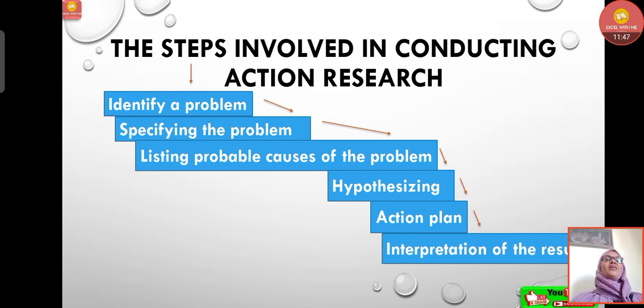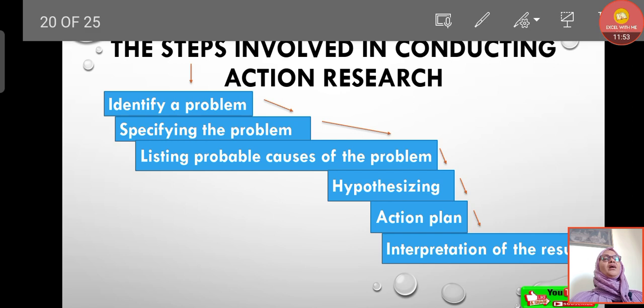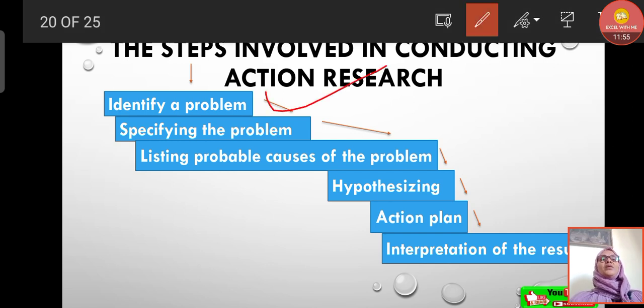Now the steps involved in conducting action research, quickly understand. Number 1, identify a problem. Number 2, specifying the problem. What is that particular problem? Then listing probable causes of the problem. What are the causes? When we understand the causes, then only we will be able to find out the solution. Then hypothesizing.